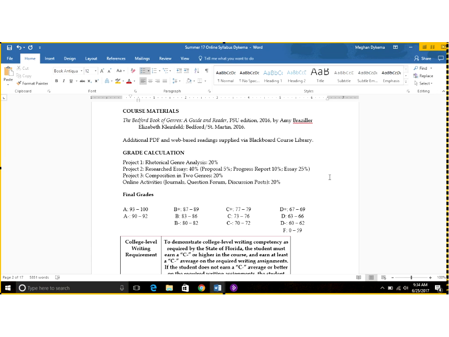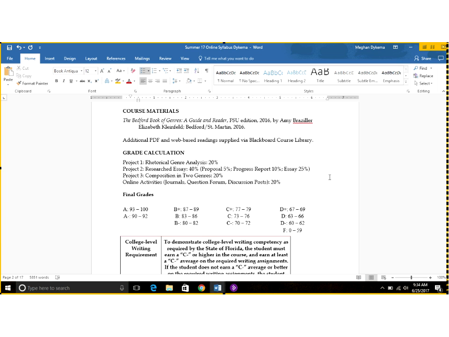You can see our grade calculation is here. Your first project is 20%. Project 2 looks really hefty, it's 40%, but you can see that it's broken down into really 3 assignments. You'll do a research proposal for that project. That's worth 5%. It's an easy 5% to get if you follow the directions on that assignment. The research in progress report includes an annotated bibliography.